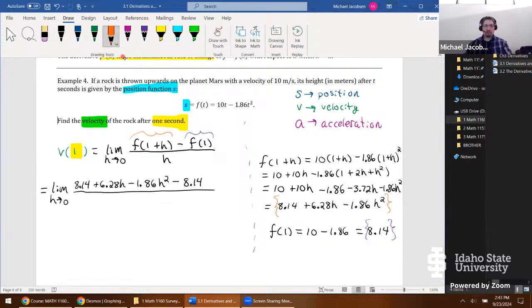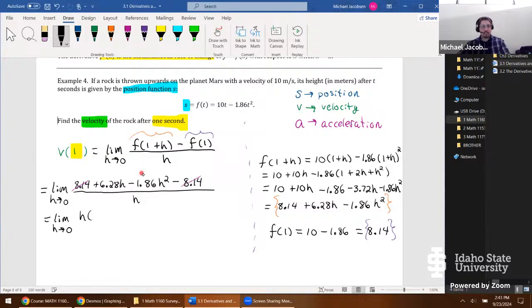Then a mathematical miracle occurs. We can't do this limit with an h in the denominator unless 8.14 cancels, but it does in fact cancel. Tells us we're on the right track. Now we just want to factor out h in the numerator and do one final cancellation before evaluating the limit. So it's now the limit as h goes to 0.